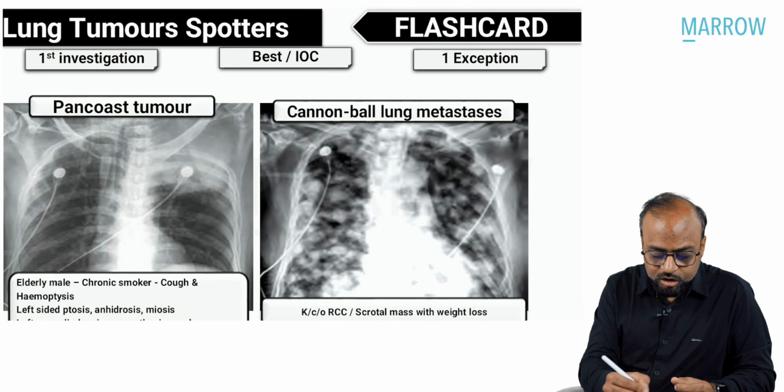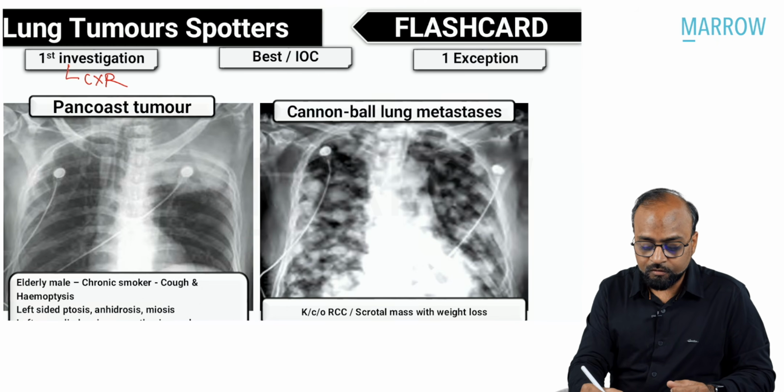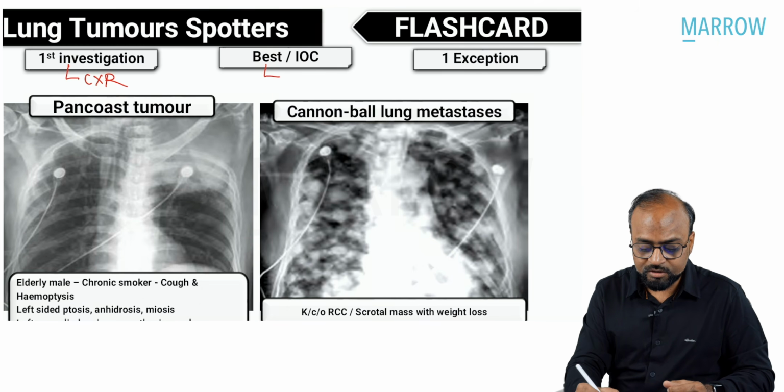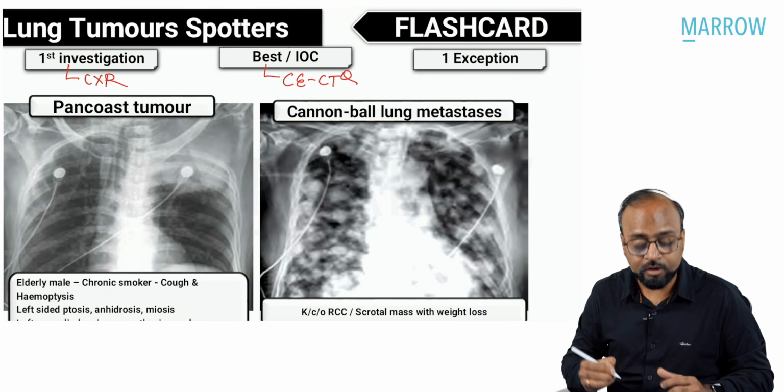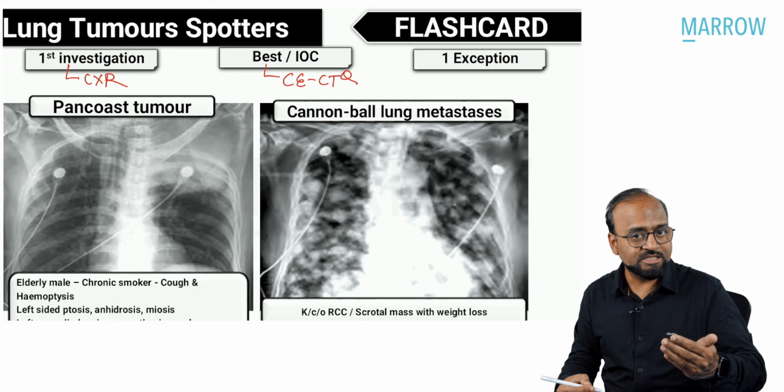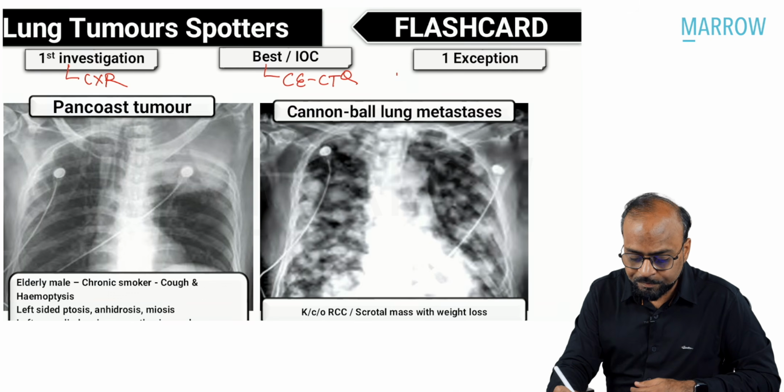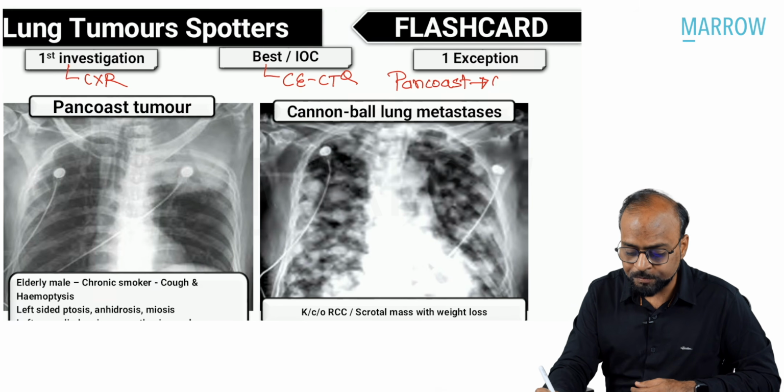If you look at lung tumors overall, the first investigation is usually chest x-ray. For lung tumors, the overall best imaging investigation, remember, is a contrast enhanced CT. However, there is one exception, and that exception is a Pancoast tumor, for which the overall imaging investigation of choice is contrast enhanced MRI.